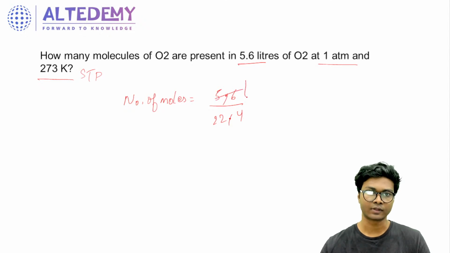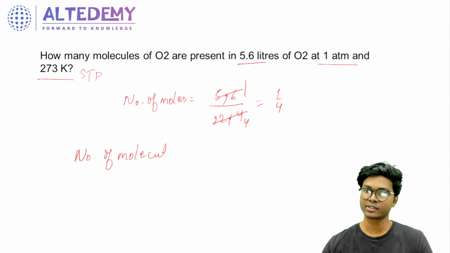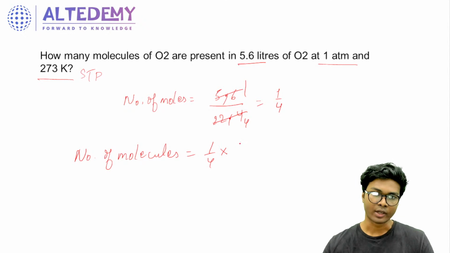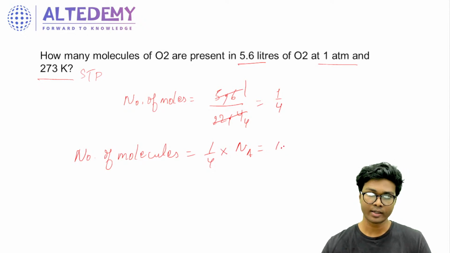So this is 5 ones are 5 by 4. This is 1 by 4 moles, and to find the number of molecules, naturally we multiply the number of moles with the Avogadro number, and you will get the answer. The answer is 1.505 times 10 to the power 23.